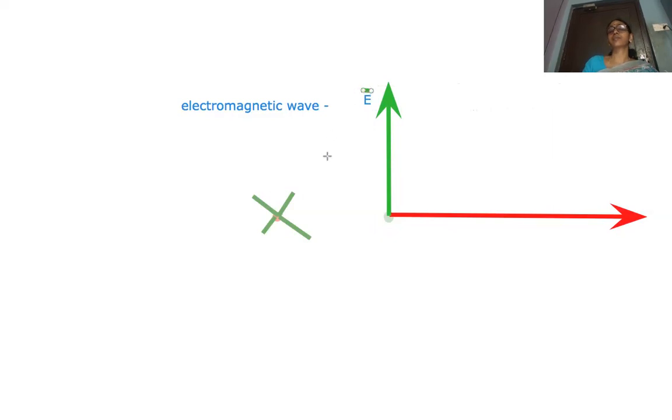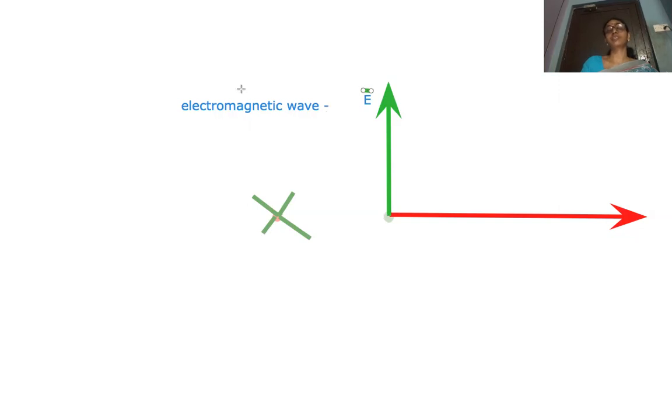It's the electric field. So when we say that a charged particle is vibrating, it is traveling forward, it has produced an electric field. We know that according to electromagnetic theory, when a charged particle is carrying an electric field, automatically you will develop a magnetic field also.